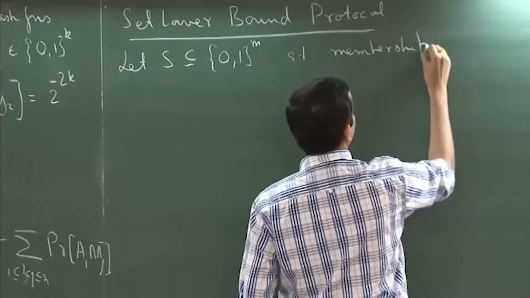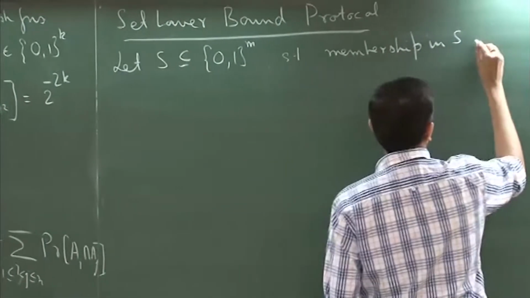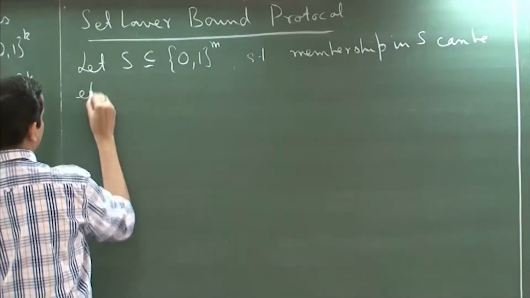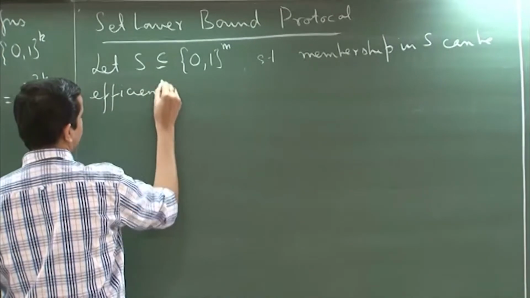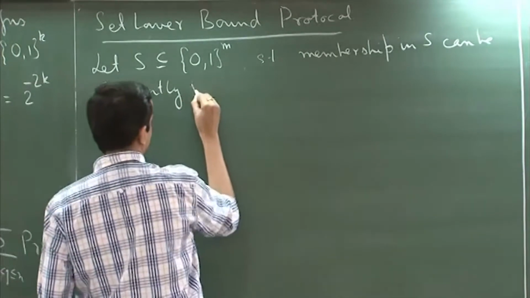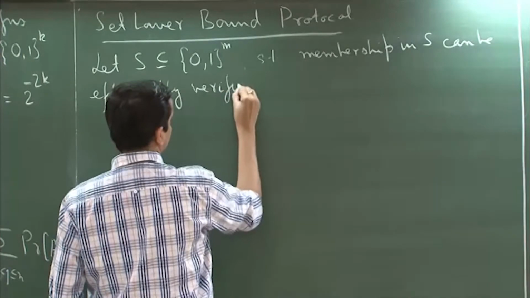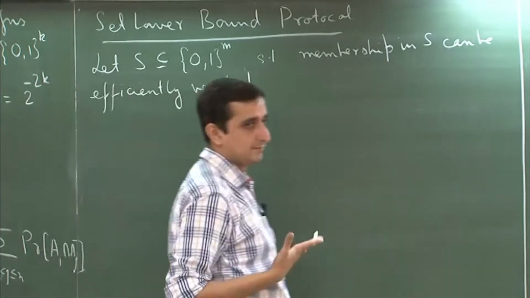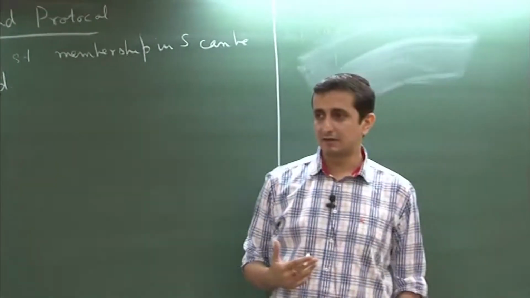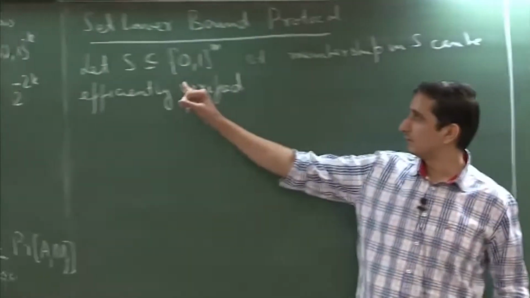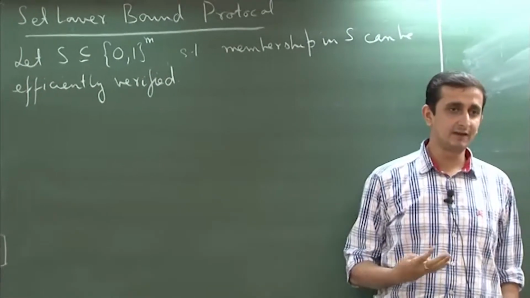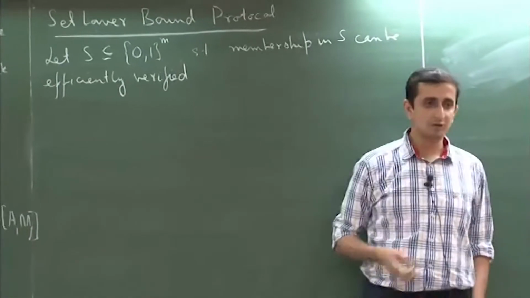membership in S can be efficiently verified. When I say efficient here, I mean polynomial time. So there is a polynomial time verifier who, given a string of length m together with a certificate, can very easily verify whether that string belongs to the set or not.